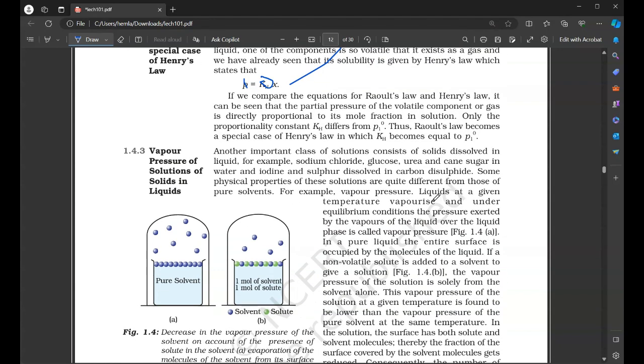For example, vapor pressure. Liquids at a given temperature vaporize, and under equilibrium condition, the pressure exerted by the vapors of the liquid over the liquid phase is called vapor pressure. We all know what vapor pressure is.